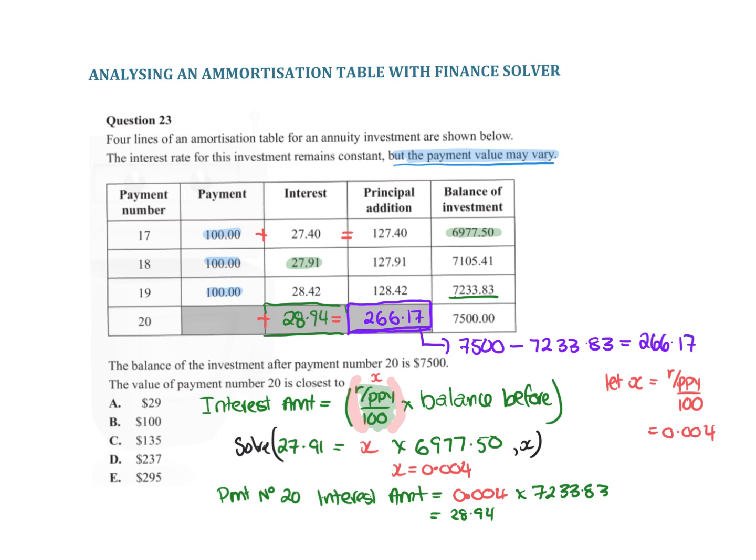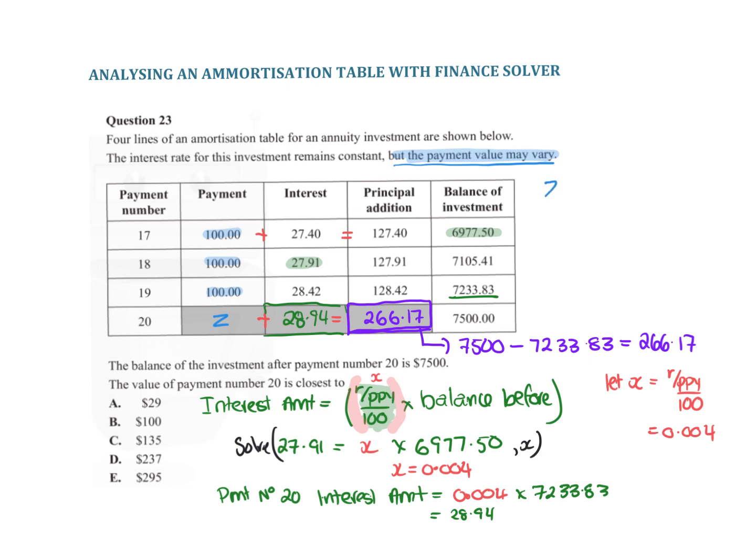So whatever this one was, I don't know, call it Z. So the payment plus the interest has to equal 266.17.